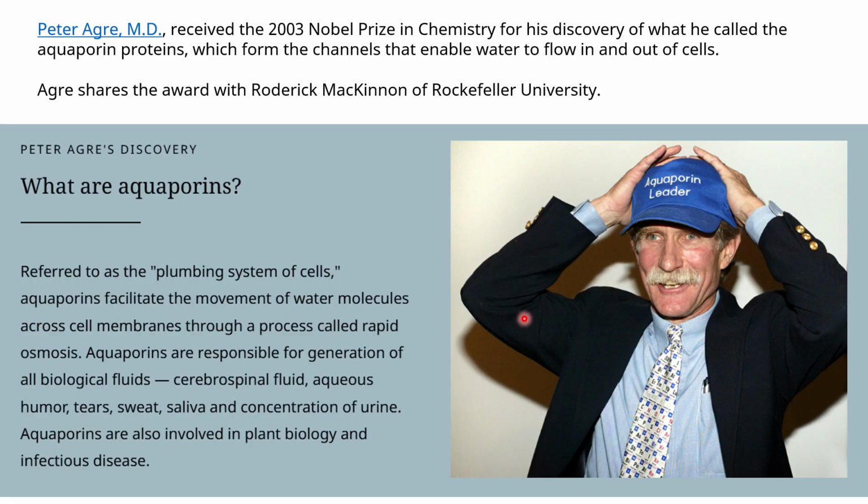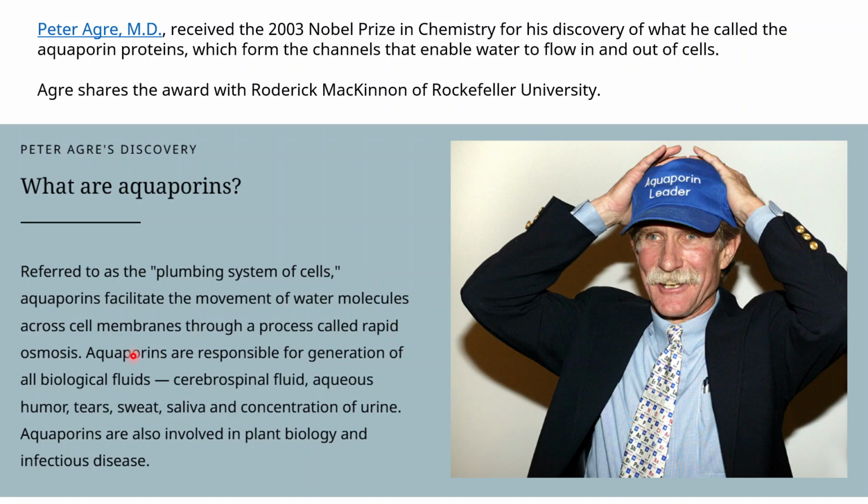And Peter Agre, who received the 2003 Nobel Prize for discovering and finding out how these aquaporin channels allow water to flow in and out of cells, shares the award with a neurobiologist here. And he interestingly referred to aquaporins as the plumbing system of cells, which makes perfect sense, right?